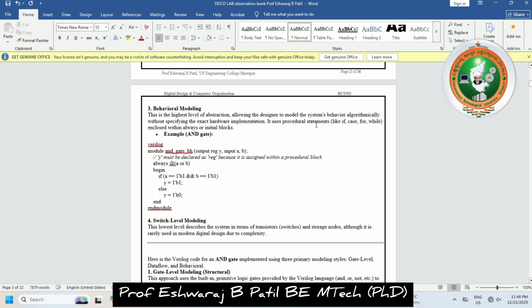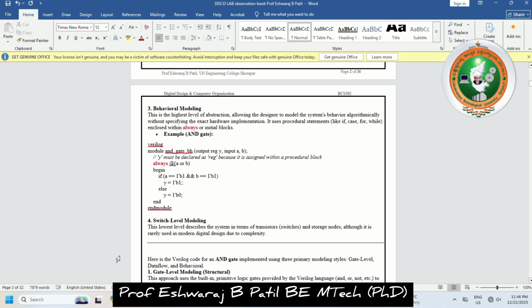It uses procedural statements like if else, branches, and sometimes loops. Within the always keyword I write the input combination, and within begin and end we write the logic.